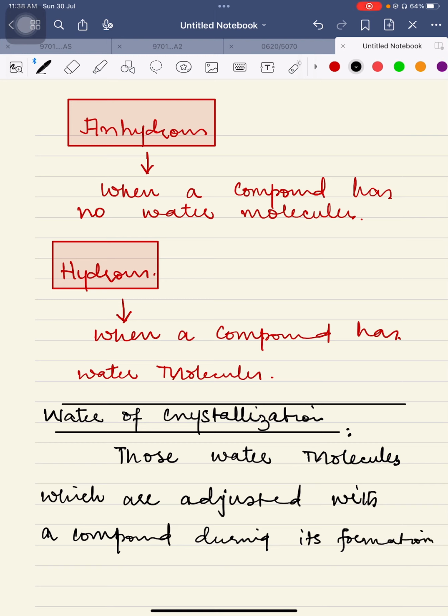Those water molecules which are adjusted with a compound during its formation are called water of crystallization. Okay. So if water of crystallization is present, a compound is called hydrous. And if water of crystallization is not present, that compound is called anhydrous.